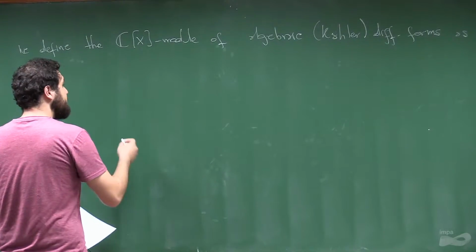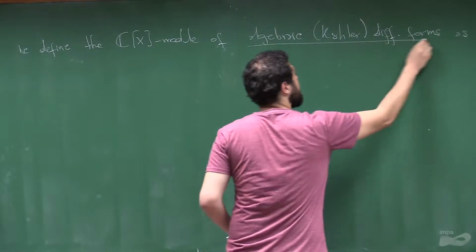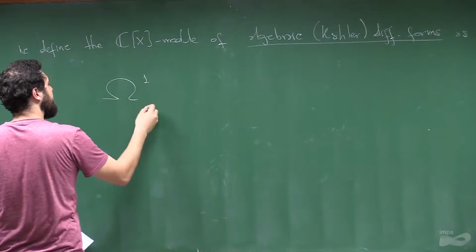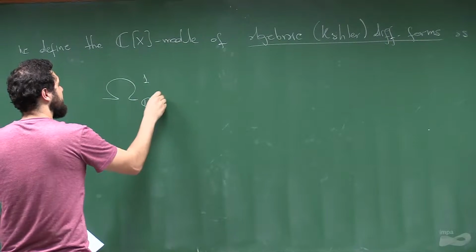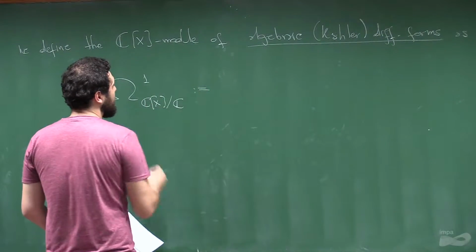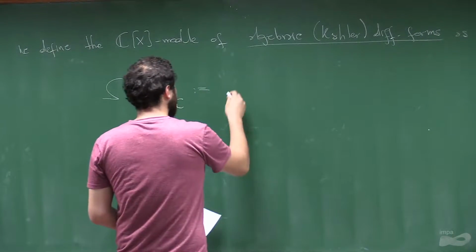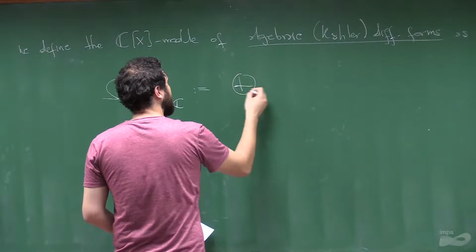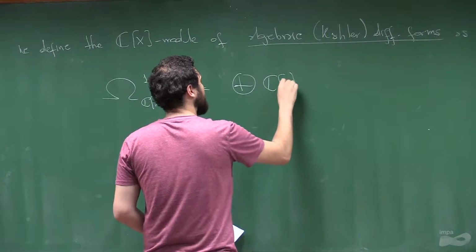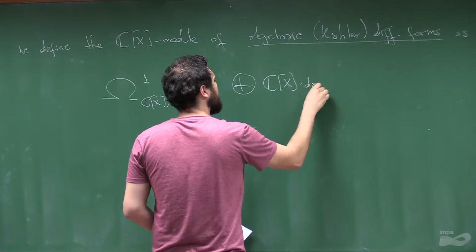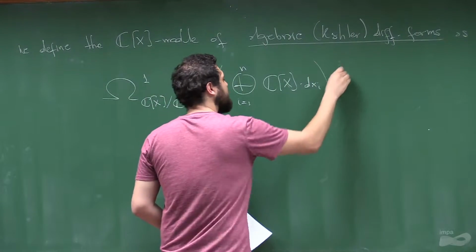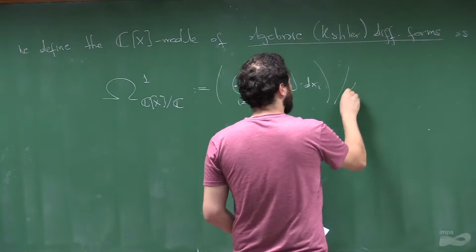We will denote it like this, and it's the module freely generated by the coordinates dx_i, quotient by the relations given by the equations, right?